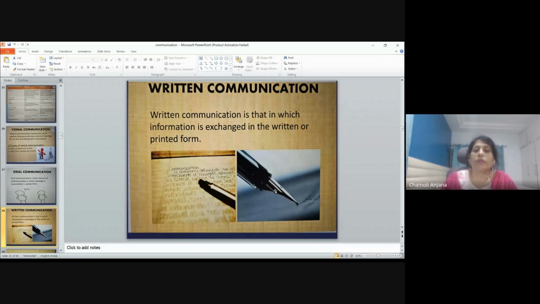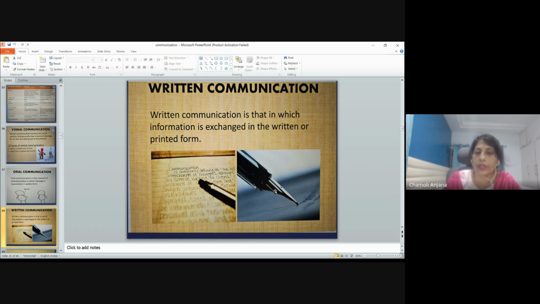If you have a written communication, you will have a ready reference with you for a longer time. So in case you want to refer to that information again and again, it is possible. Moreover, it acts as a legitimate proof and evidence which can be used if required.